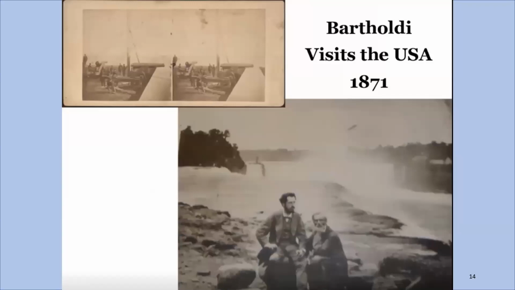And the fort was no longer being used. It was one of 5 forts that were built to protect the New York harbor during the war in 1812. But the other reason Bartholdi came to the United States was to gain inspiration and to build the Statue of Liberty. He traveled around quite a bit to gain insight before he went back to Paris and started to design and build the actual statue.